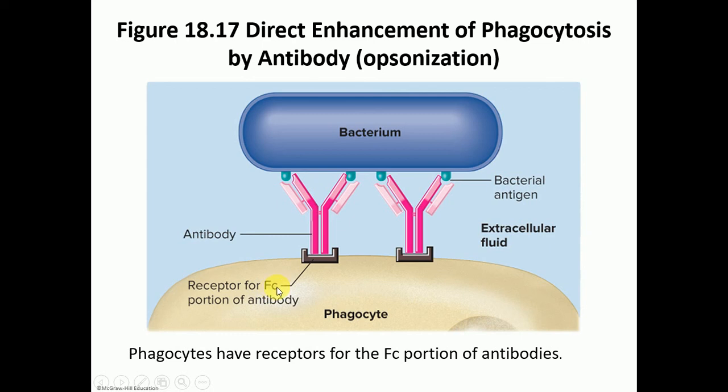C stands for constant, the constant part of the antibody, and it will attach to that. This is how your phagocytic cell, whether it's a macrophage, neutrophil, or monocyte, is able to identify that this antibody is now attached to the bacteria, and it will go ahead and engulf it.